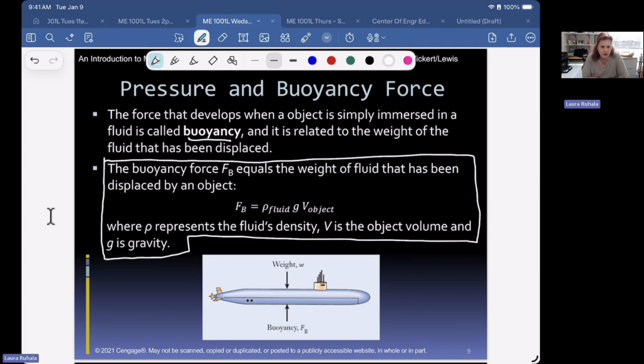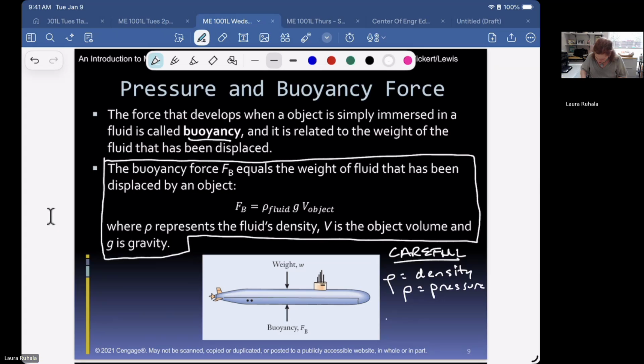A couple of little bookkeeping notes on this. Be very careful to use, I'll just write it down here, careful. Mu is equal to density. P is equal to pressure. You've got to distinguish between those two.